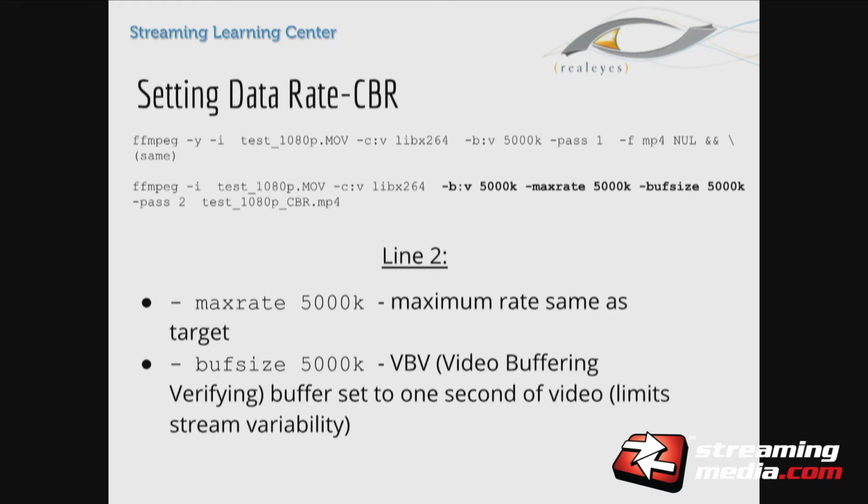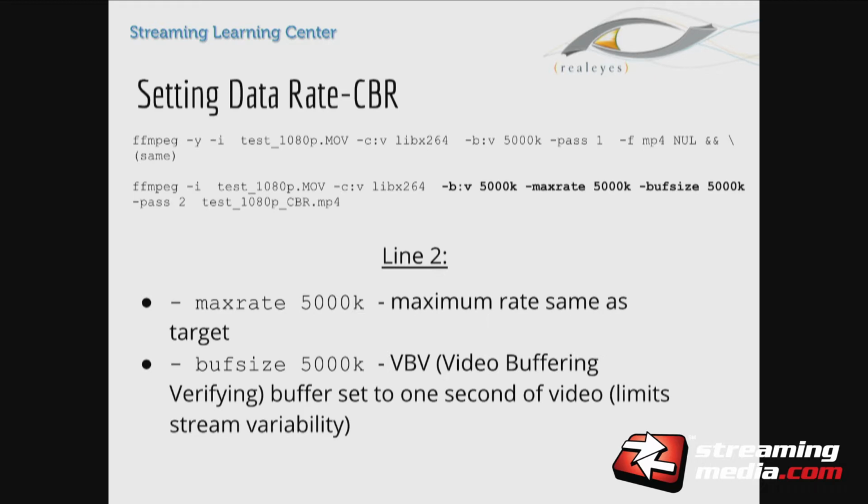So what do we do? We go to 2-pass encoding, and this is the CBR option. And to implement CBR with x264, you only have to list the target bit rate, -b:v 5 megabits per second, in the first line.